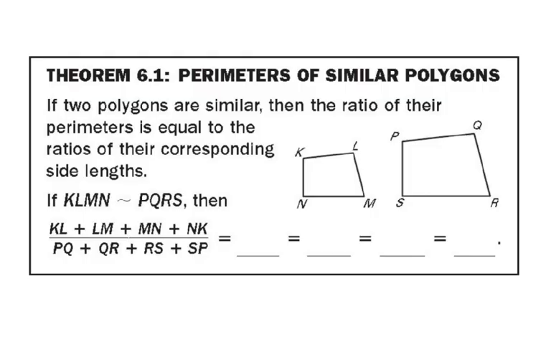So perimeters also have the same similarity ratio. These are perimeters. That's what's in this fraction. And it's just saying the ratio of the perimeters is the same as the ratio of the sides. So the ratio of the perimeter, which is adding all the sides, is the same as the ratio of the sides themselves.